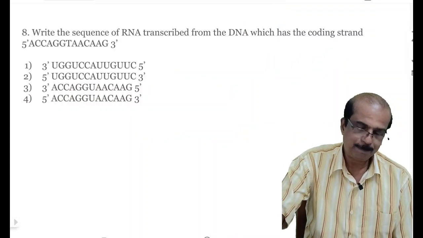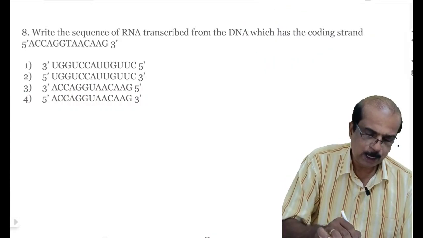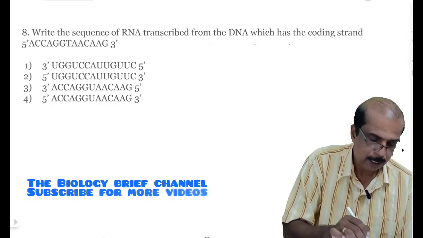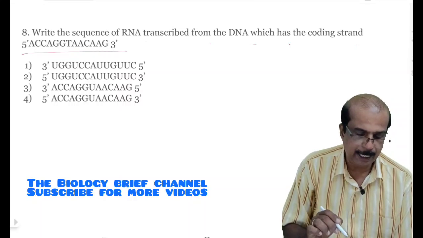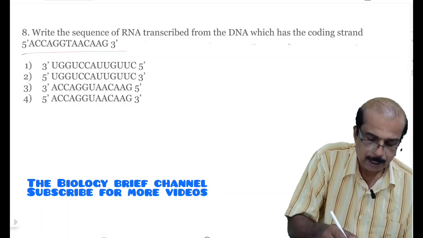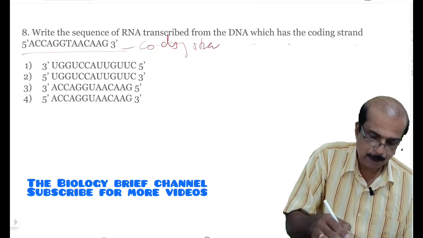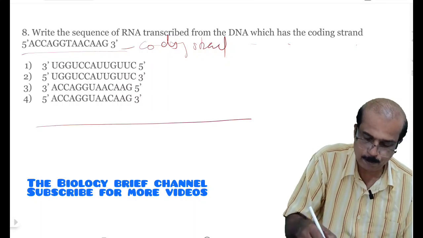What about the next question? It is also from transcription. Write the sequence of RNA transcribed from DNA which has the coding strand 5' ACC AGG TAA CAAG 3'. This is the coding strand. The non-coding strand will be in the direction 3' to 5'.